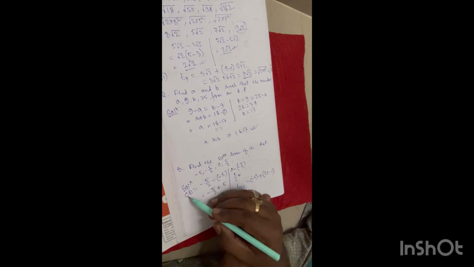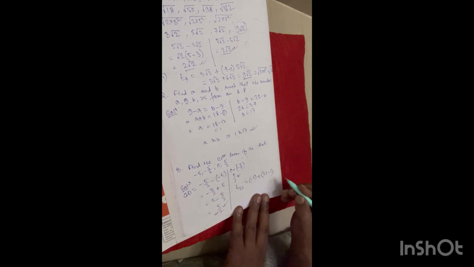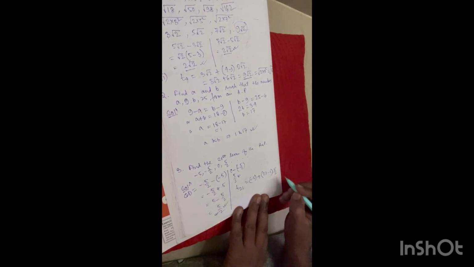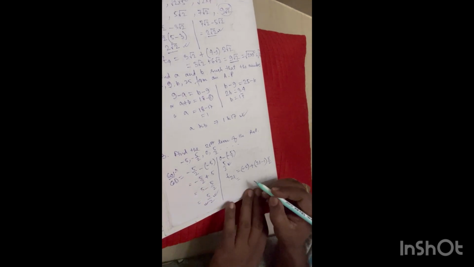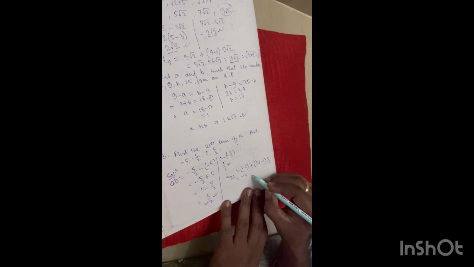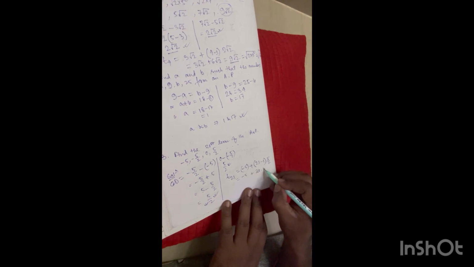So this is the common difference, CD, 5 by 2. So you can put it, then 5 by 2 carrying a positive sign, that is okay. And now ultimately what is your result here? Minus 5 plus 21 minus 1, that is 20, into 5 by 2.